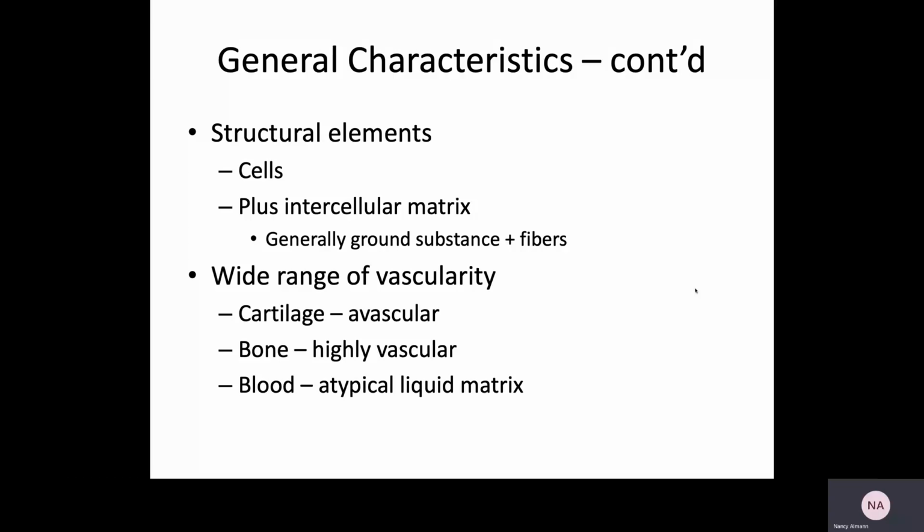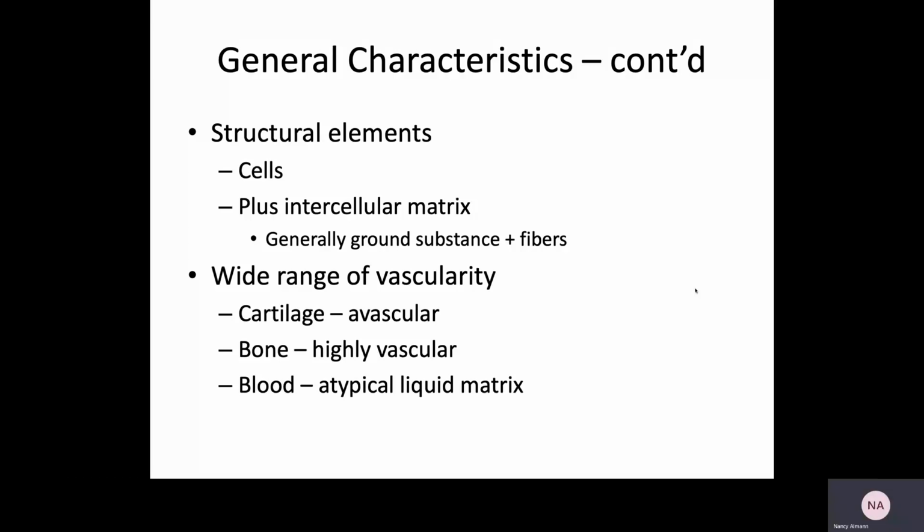If you think back to the epithelial tissues that we talked about, epithelial tissue has very tightly packed cells. There's not a lot of stuff in between those cells, if anything. Connective tissue is different because that intercellular matrix is going to be what's known as ground substance and fibers, which will surround the cells. And this will make sense as we continue through this portion.